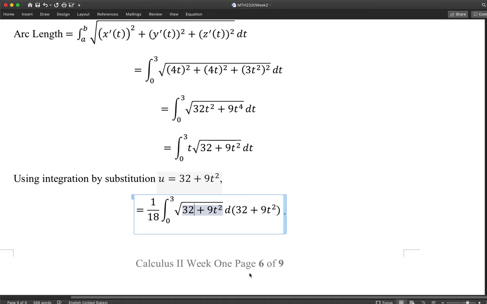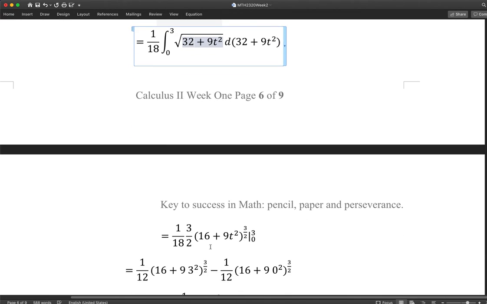Using the anti-differentiation power rule, this 1/18 still stays, u to the 1/2 is increased by 1 and becomes 3/2. Then the reciprocal of 3/2 goes right before u. I believe this really should be 2/3.